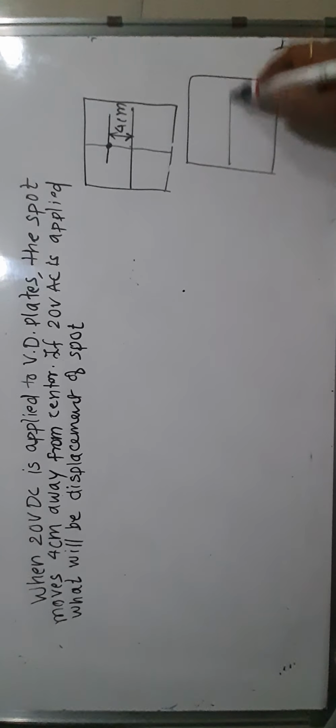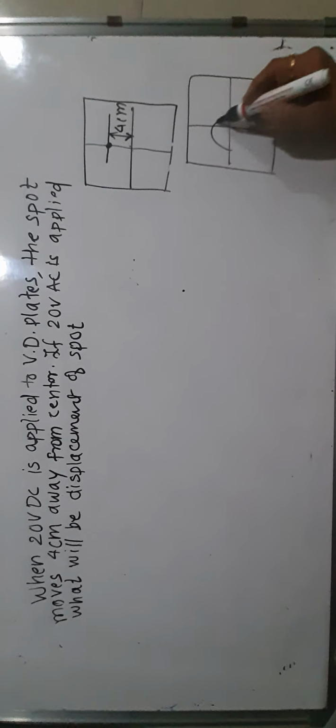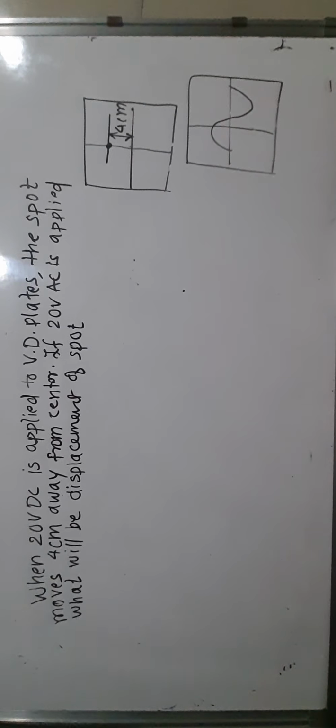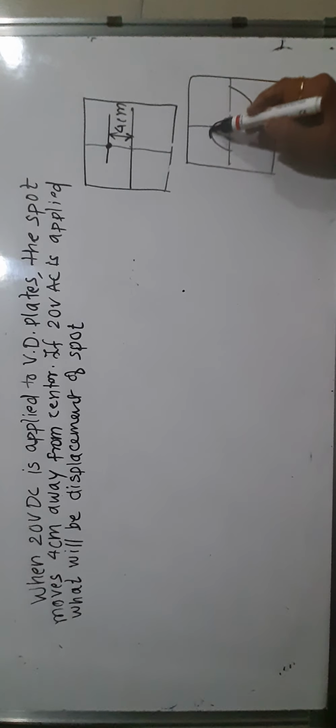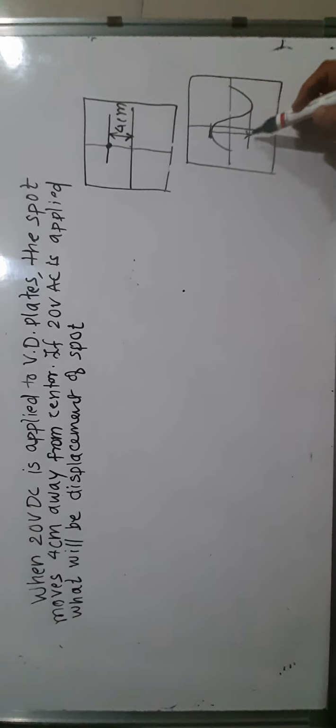Now what is the nature of AC? AC is like this. So the displacement of the spot will be peak to peak. The spot will move here, here, here, here. So this is the total displacement of the spot.